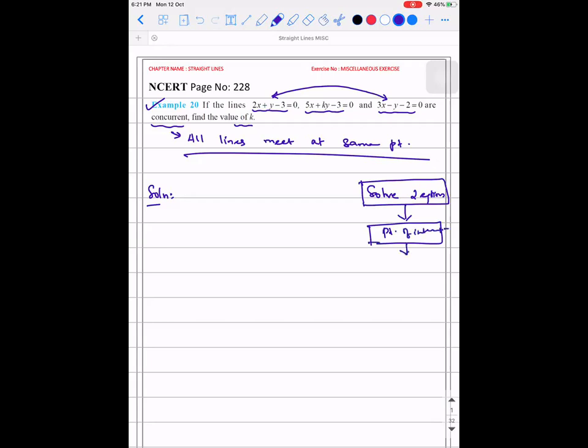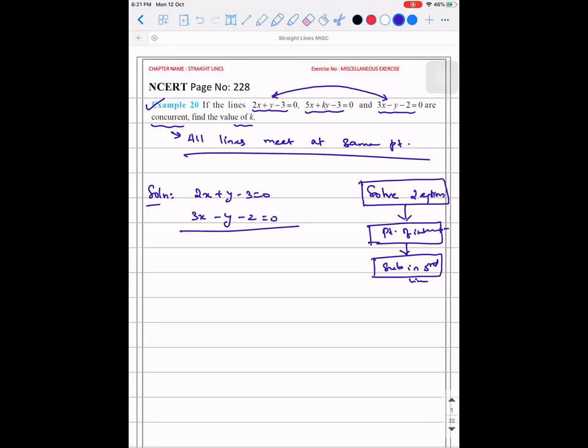So once you get the point of intersection, what are we supposed to do? Substitute in the third line. So solve and tell me: 2x + y - 3 = 0 and 3x - y - 2 = 0.